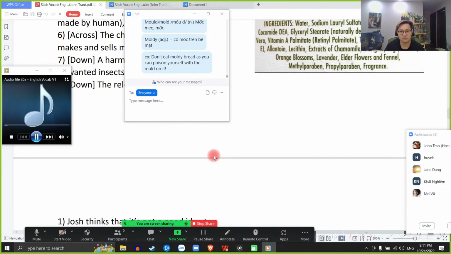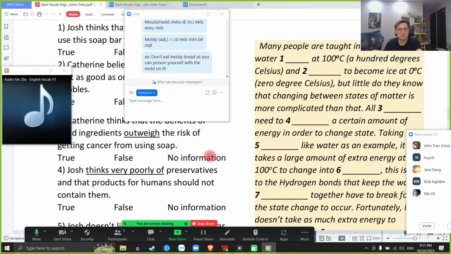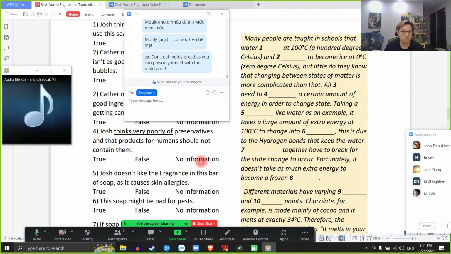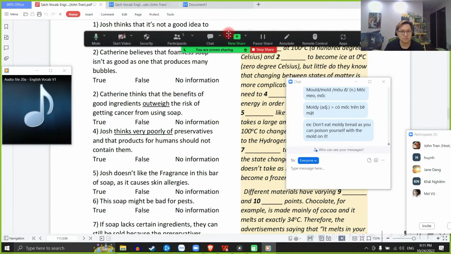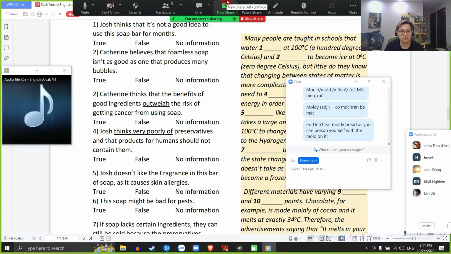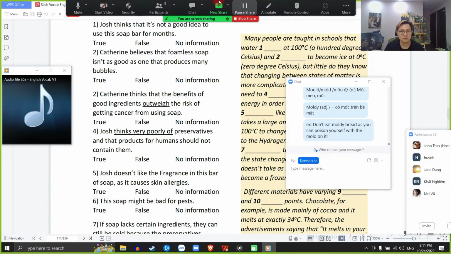Hey Josh, I found this soap bar, and it has a wonderful scent. I think it might be good for washing our hands, and maybe for washing my cat too. Let's see what the label says. Kate. Water, yes, everything has water in it. Sodium lauryl sulfate, no. This ingredient is not something you want to use for a long time, as it was classified as a carcinogen, or cancer-causing agent, a while ago, so many manufacturers are trying to change using this ingredient to something else.